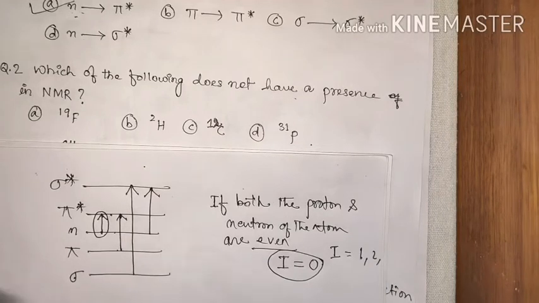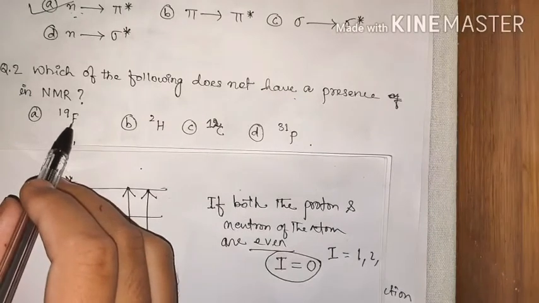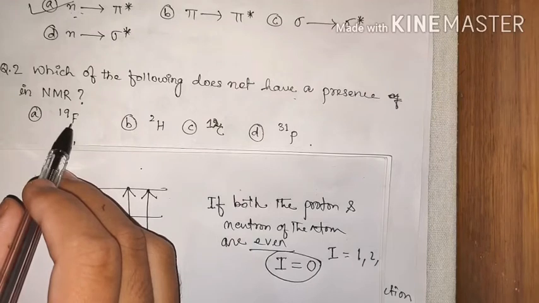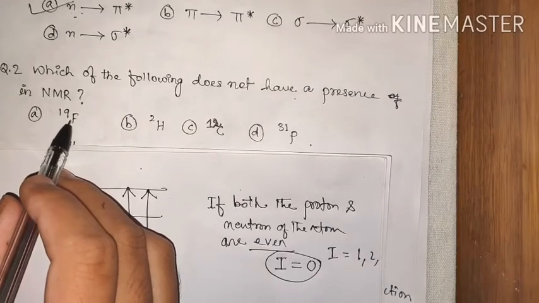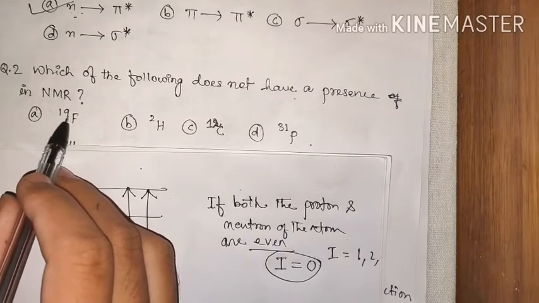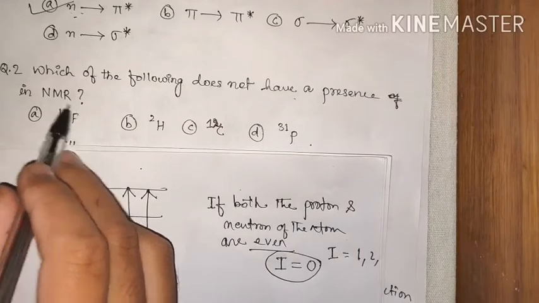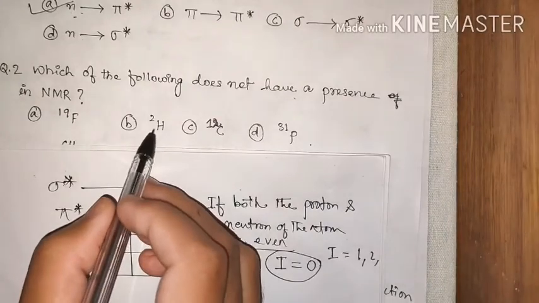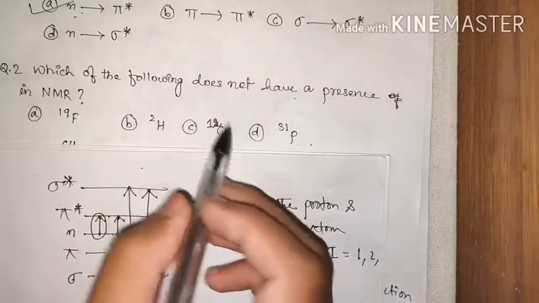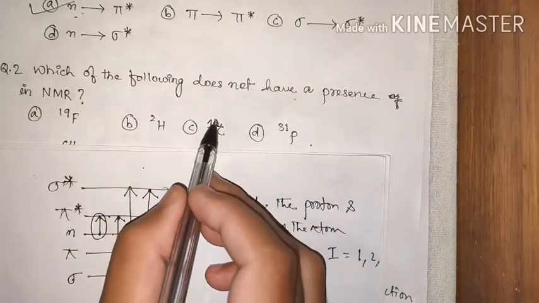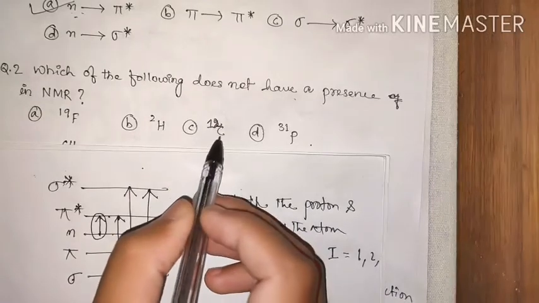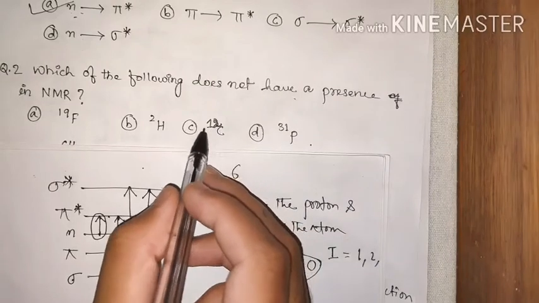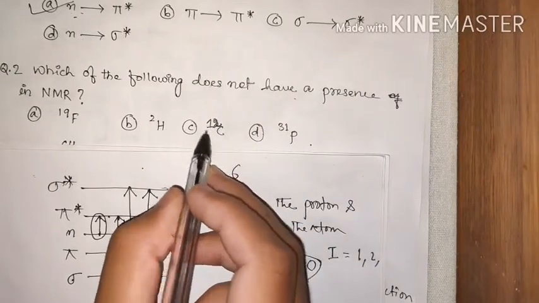So if we see fluorine, we know the atomic number of fluorine is 9 and the atomic mass is 19, so both are odd. In the same way hydrogen, one is odd and another is even. But if we see carbon 12, carbon's atomic number is 6, and this is the isotope carbon 12.